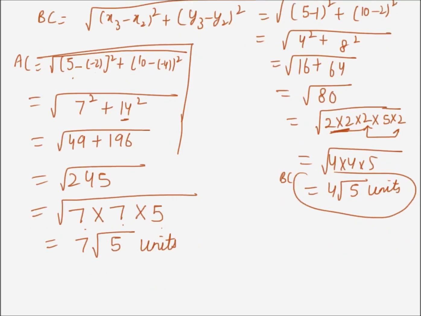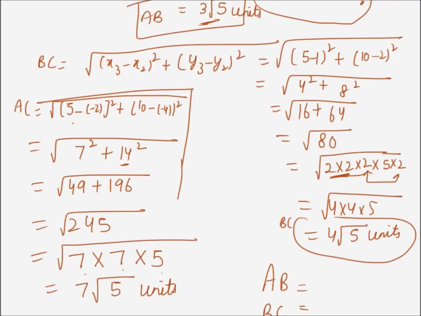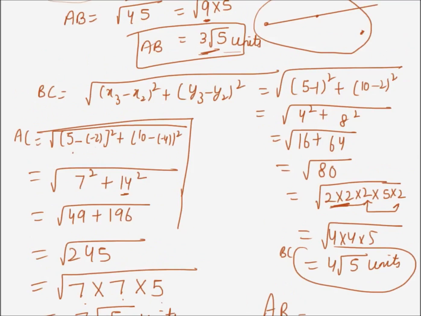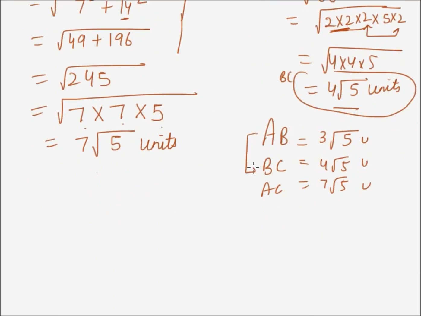Now we have all the three distances: AB is calculated as 3 root 5, BC is calculated as 4 root 5 and AC as 7 root 5. Thus we can see that the sum of these two terms, that is AB plus BC, is 3 root 5 plus 4 root 5.